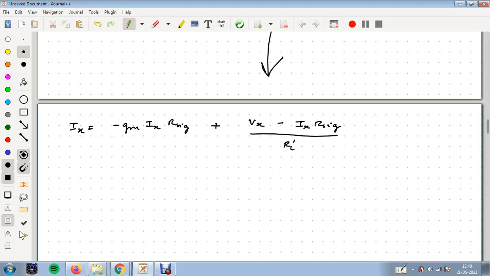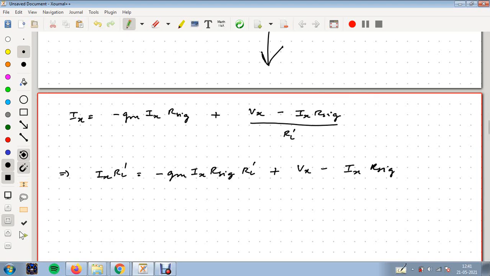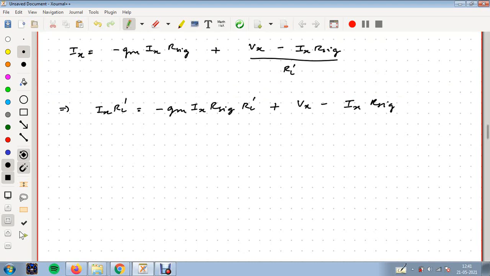Standard maths here. So Ix into RL prime is equal to minus Gm Ix R signal RL prime plus Vx minus Ix R signal. From this, I have to find Vx by Ix. So I take all Ix to the left side.